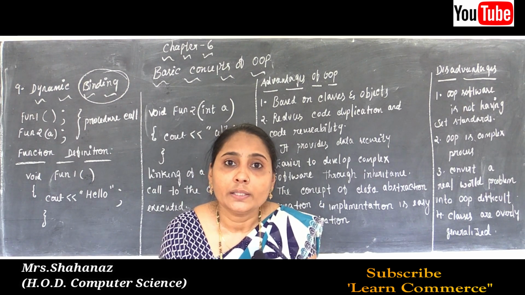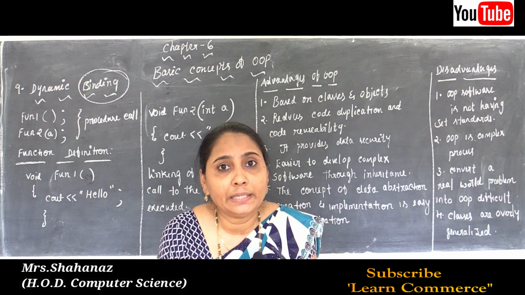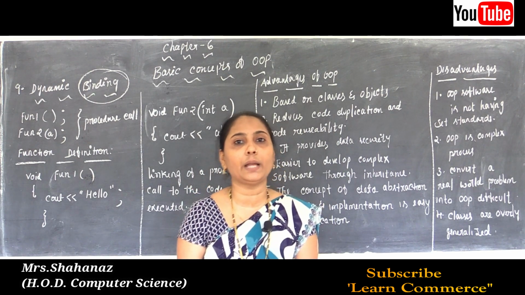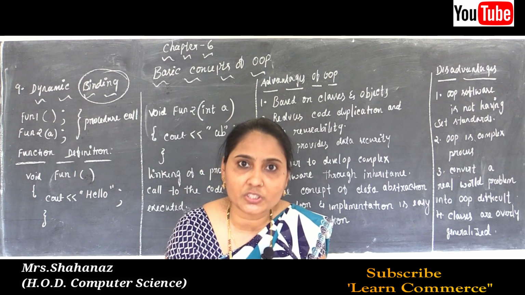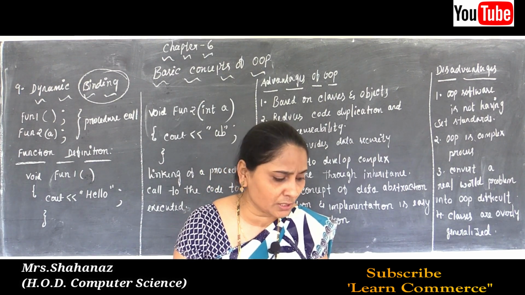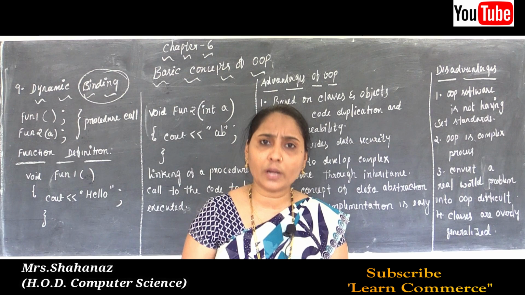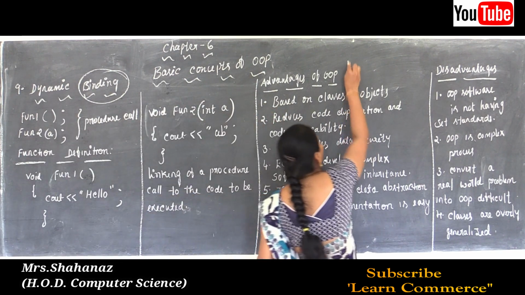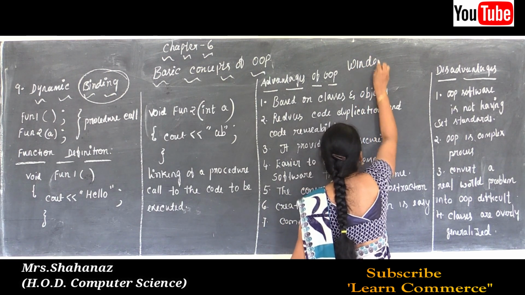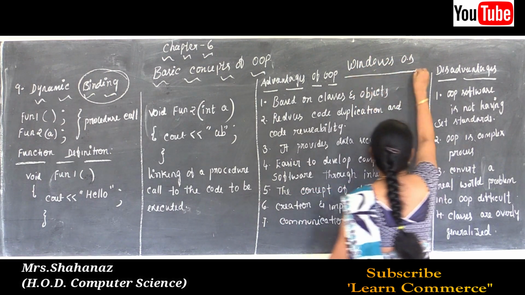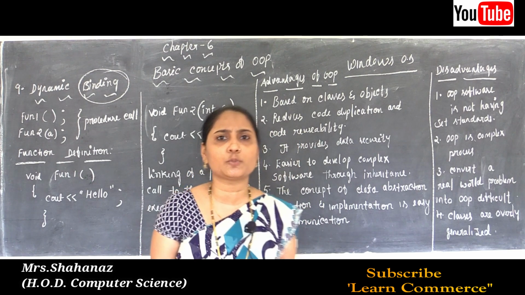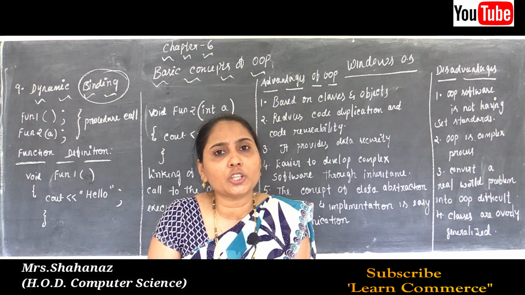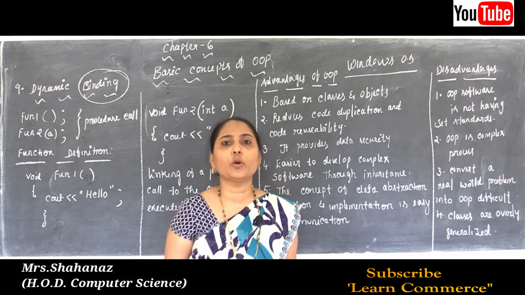So the standard class library can be used by the programmers, and because of this the development time is reduced. And a very important feature: by using OOP we designed the most important thing, the Windows operating system. The Windows operating system can be designed using object oriented programming, which is the most interesting feature.